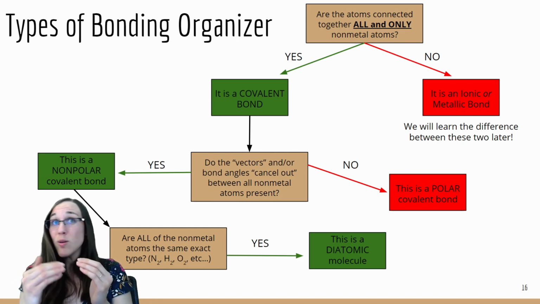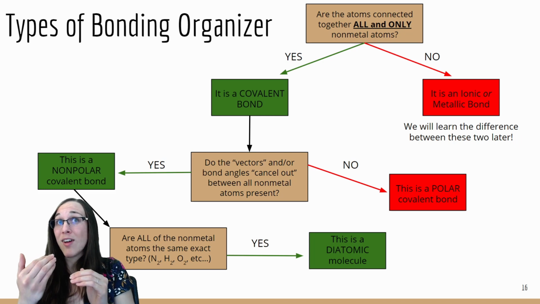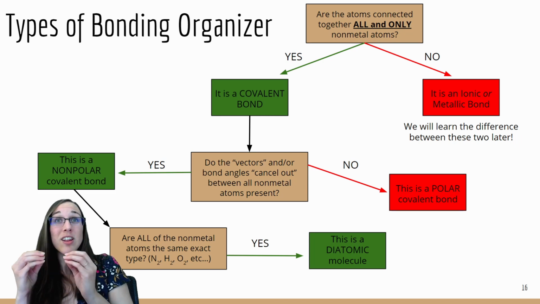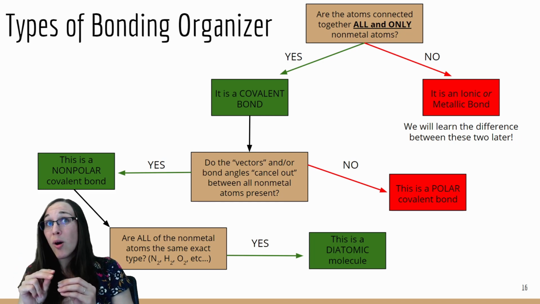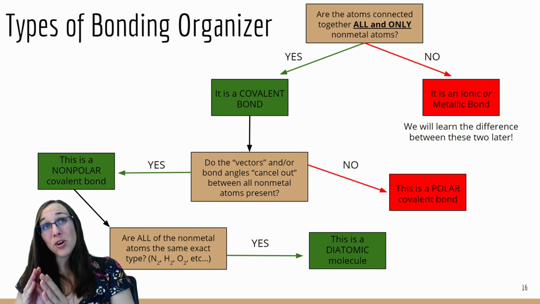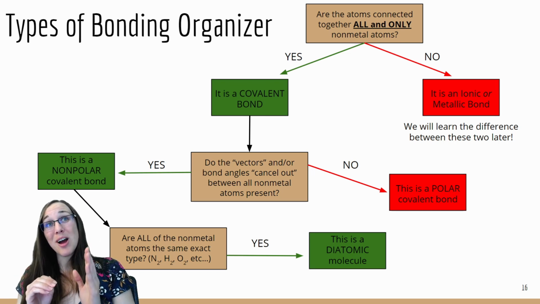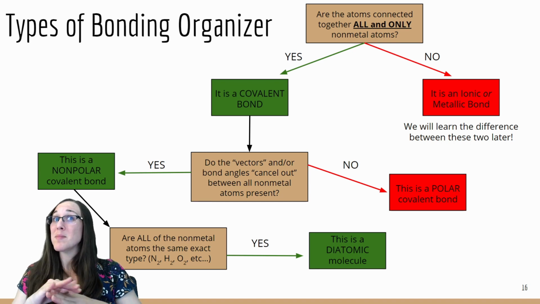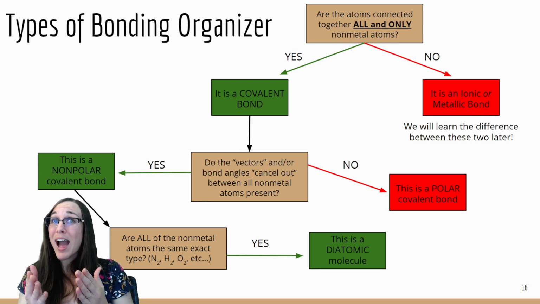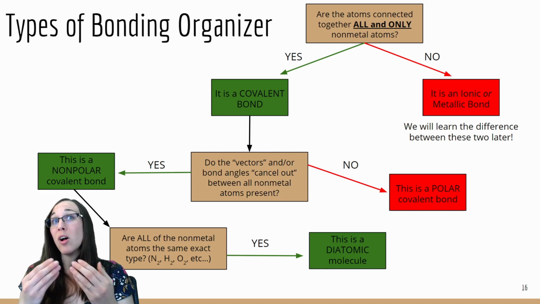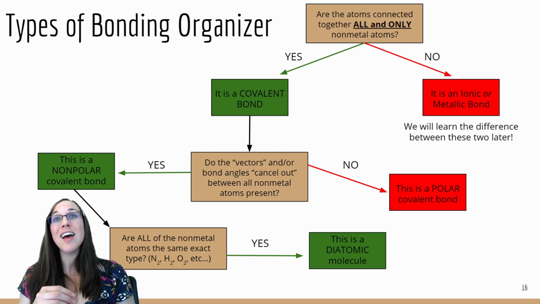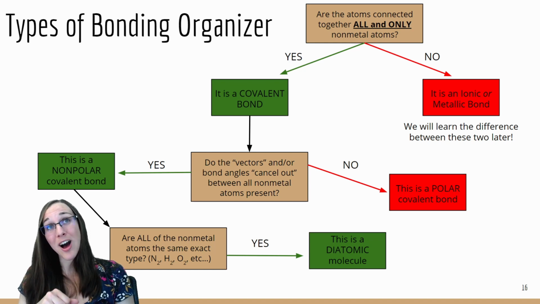However, if they don't all cancel out, you end up having a vector or an area of a lot of electronegativity, so no, then that would be a polar covalent bond. Let's move on to the nonpolar. If in the nonpolar covalent bond, they all happen to be the same exact type of atom, all N2, all H2, all O2, Cl2, F2, etc., then that would be a diatomic molecule.